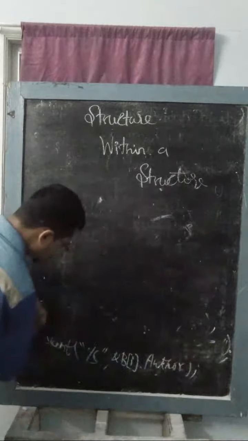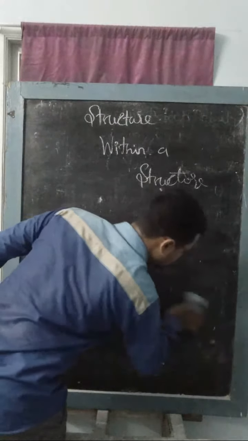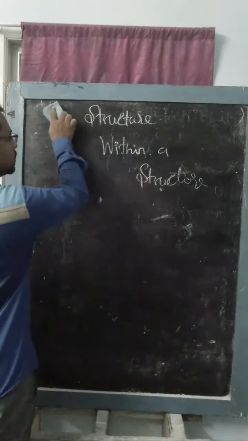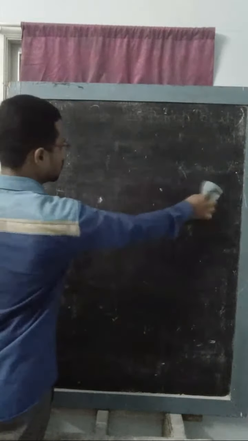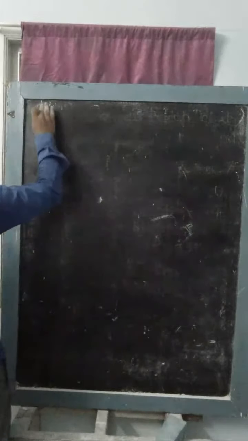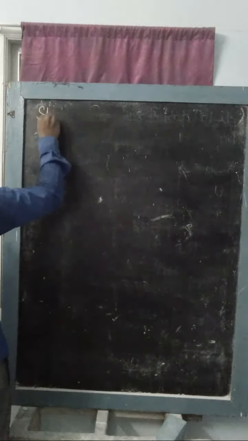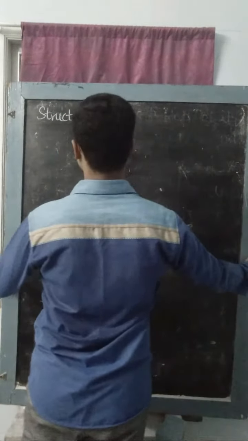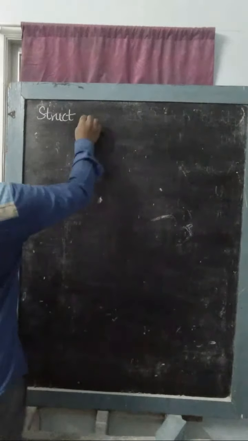Okay. I'm just writing a small program. After that you just complete the program. I'm just starting a program: struct, and then I'm creating A. A is the structure name.